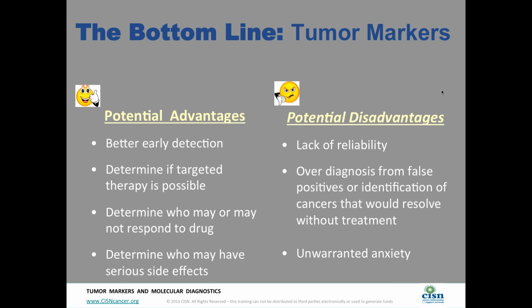PSA kind of falls in that category as well, where now there's a much bigger watch and wait program in place, because just having an elevated PSA may be a very, very slow growing cancer that's never going to kill that person, but having intervention, surgery or treatment will cause quality of life issues that just aren't worth it.